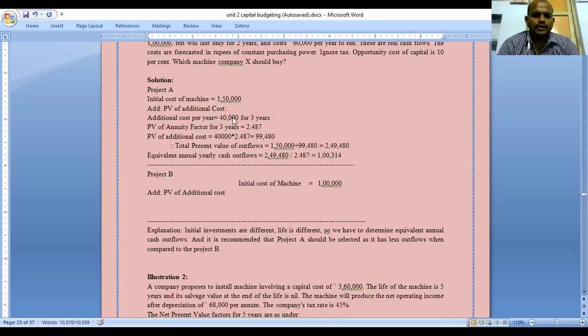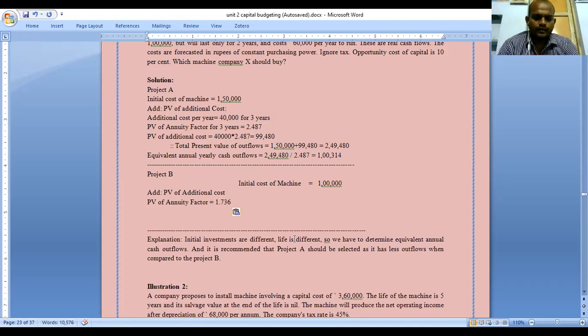So cost per year 60,000 for 2 years. So PV of annuity factor at the rate of 10% for 2 years is 1.736.